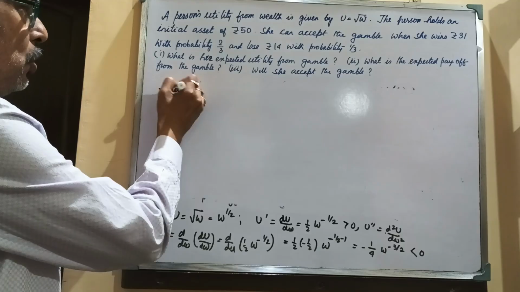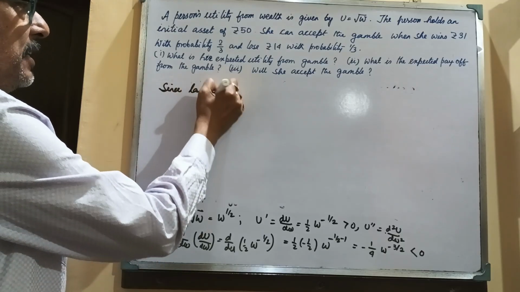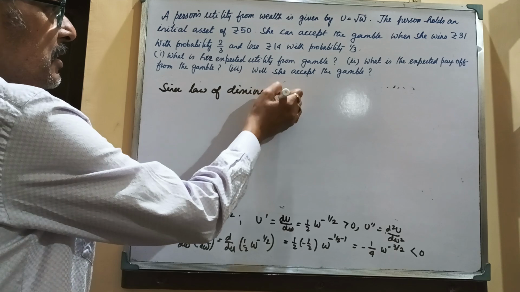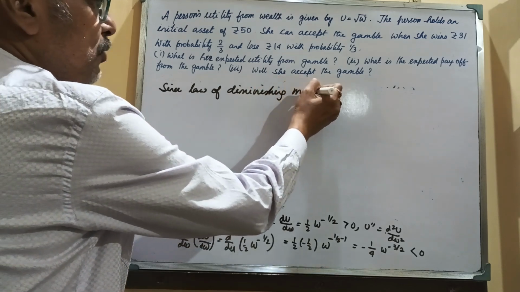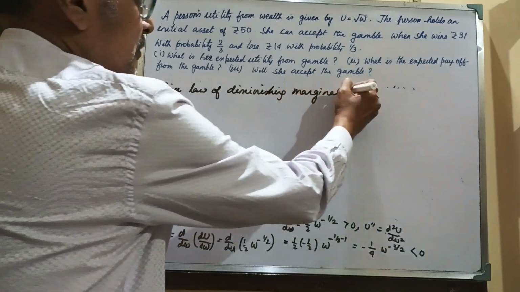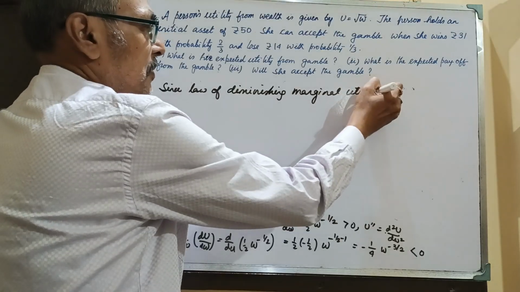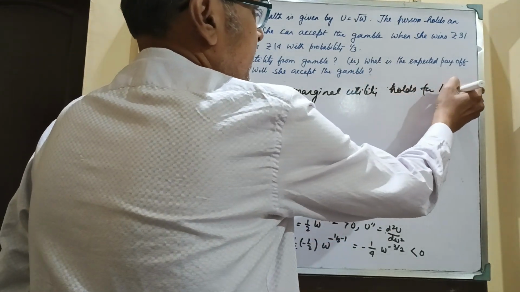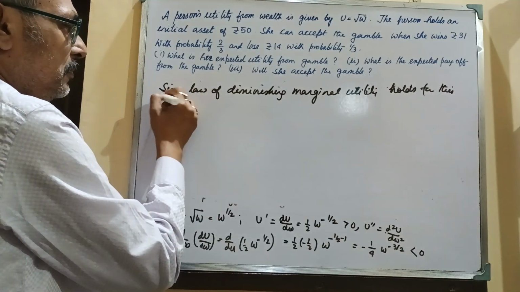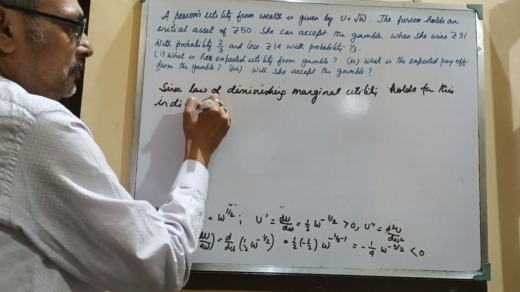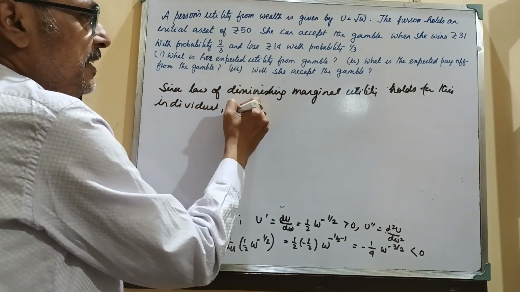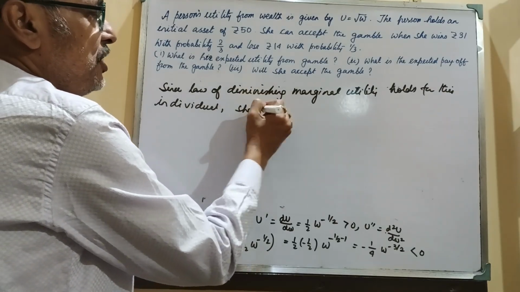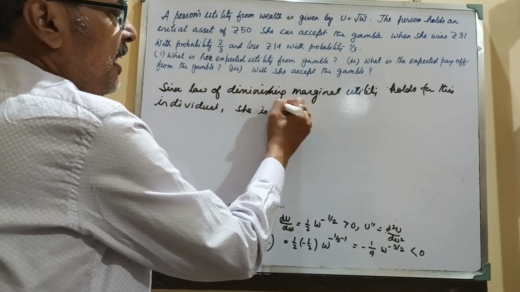Since the law of diminishing marginal utility holds for this individual, she is risk averse.